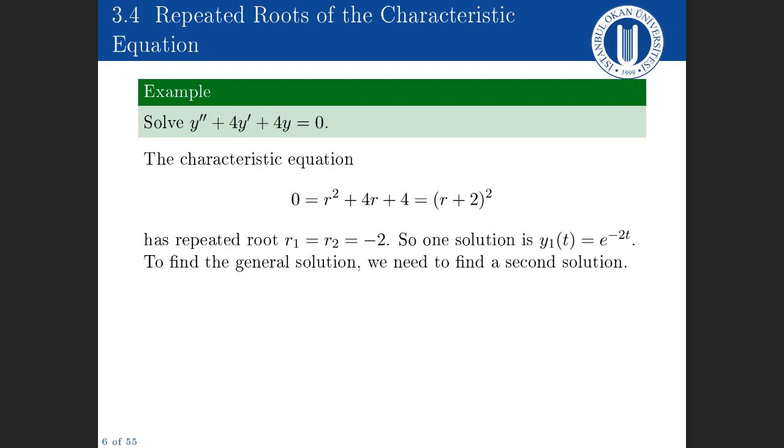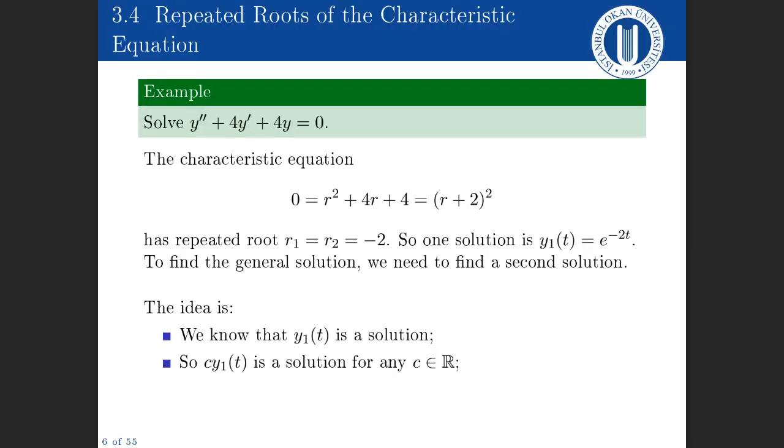So the idea is this. We know that y1 is a solution of this differential equation. So we know that if we take y1 and we multiply it by any number c, we also have a solution, because our equation is a linear equation. So the key step here, the guess we're going to make is, maybe instead of putting a constant c in, we could put in some sort of special function.